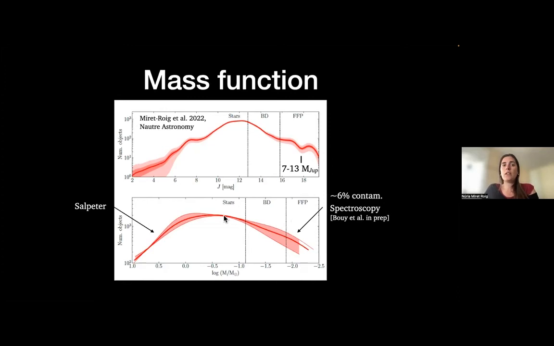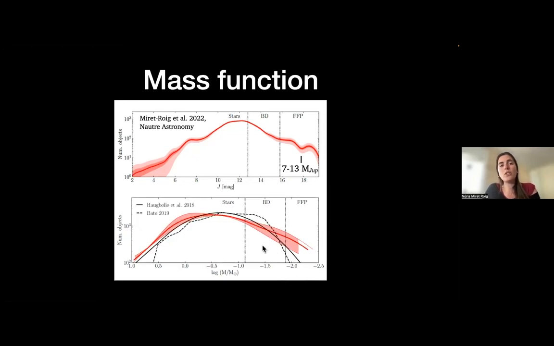So then what we did is we compared our observations with models to try to understand the origin of these free-floating planets. Basically, what we did is overplot the results of numerical simulations, which mainly form free-floating planets by core collapse.